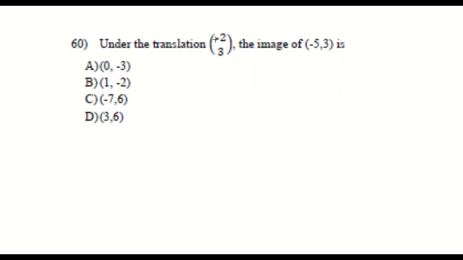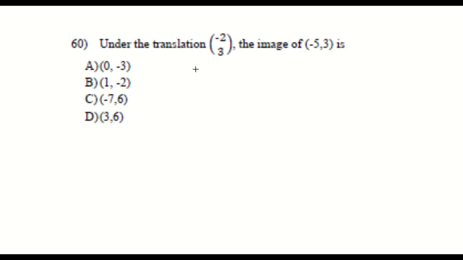Under the translation minus 2, 3, the image is minus 5, 3. So what is the object? Sorry, I was saying the wrong thing. This is wrong. Hold on. Erase that.